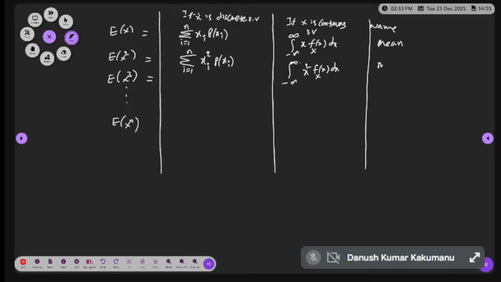Mean squared value. All of you understanding? And E of x cube, if it is discrete, summation i is equals to 1 to n, xi cube p of xi, and this is integral of minus infinity to plus infinity, x cube f of x dx.